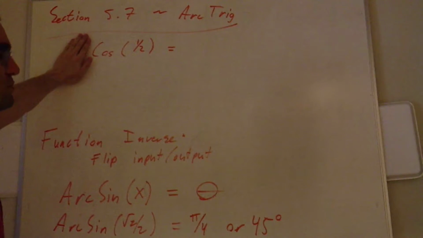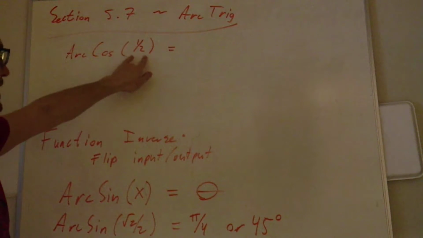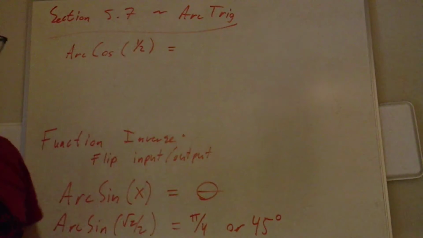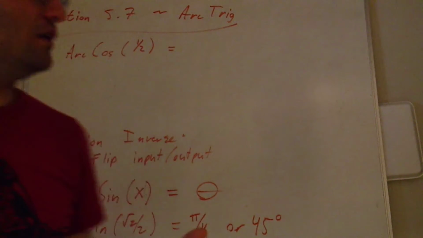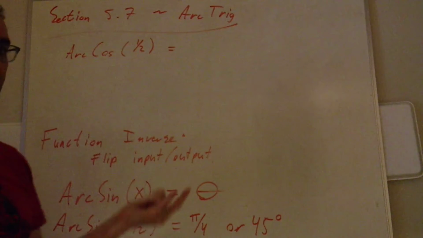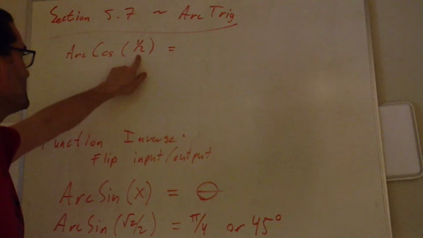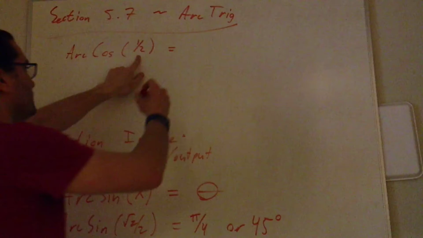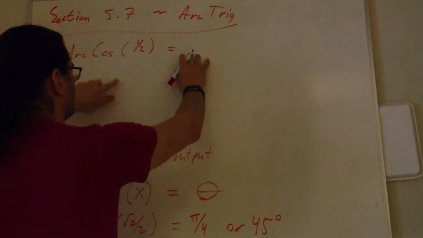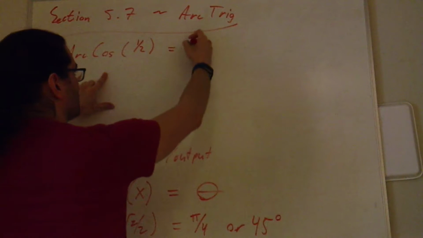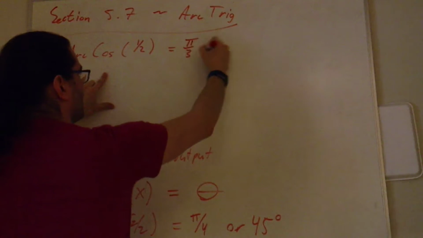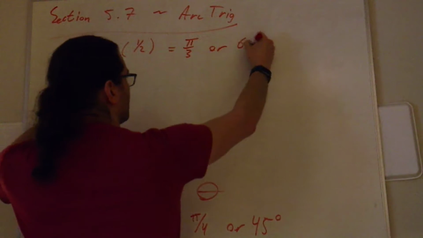Typically, a cosine would take an angle as an input and produce an x value on the unit circle as an output. So if we're doing an arc cosine, those things are flipped. And this is an x value on the unit circle, and the output should be the angle associated with this x value. So this one is probably pi over 3 or 60 degrees.